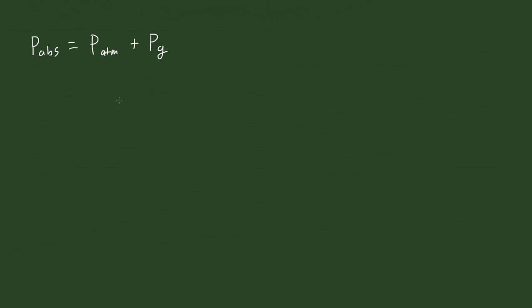So if we know that the absolute pressure is going to be equal to, in this case, 100 kilopascals, kPa, and we know that the gauge pressure is equal to 10 kilopascals. We want to figure out what the atmospheric pressure on this planet is, right?